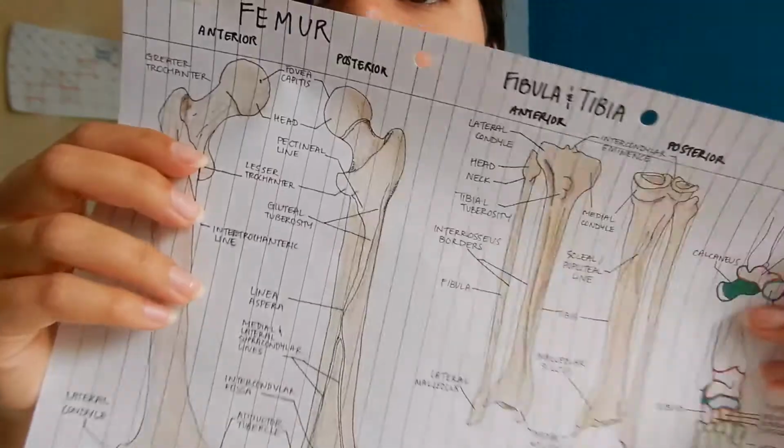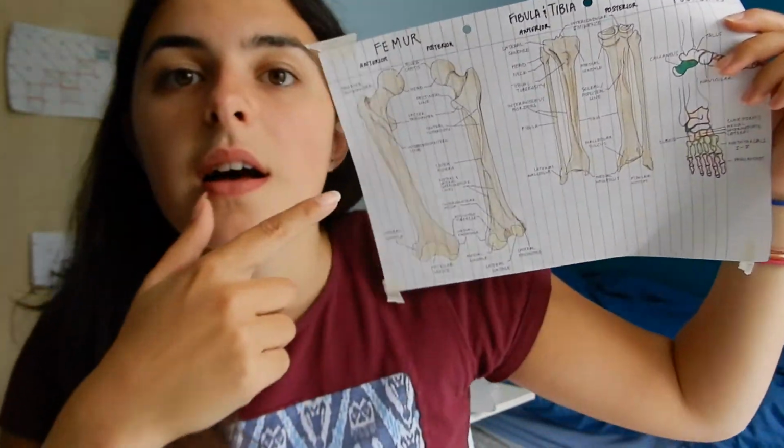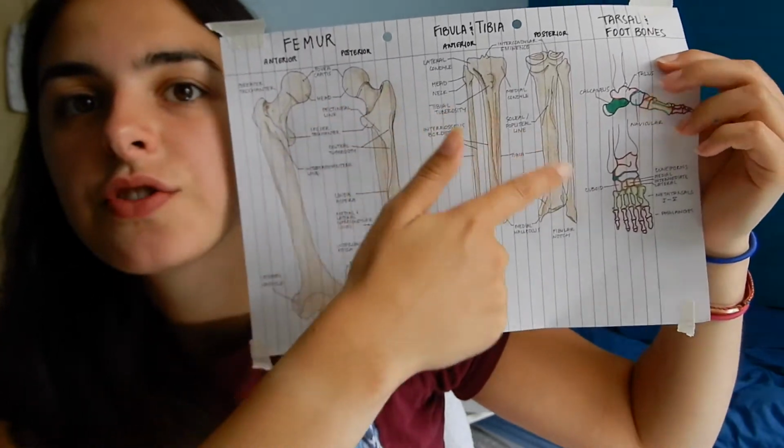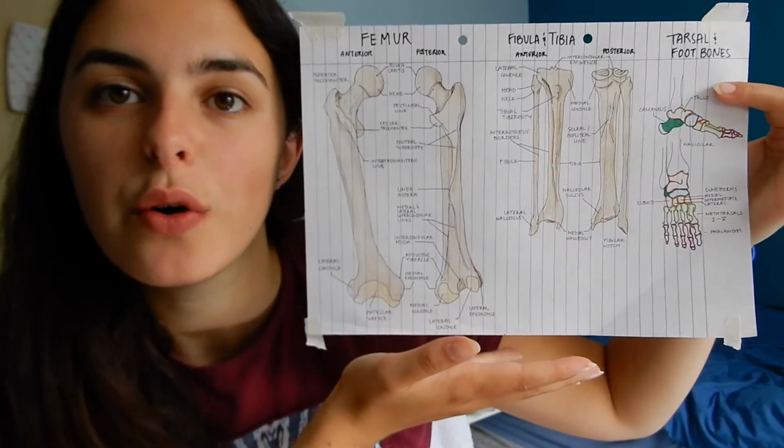Another thing that I wanted to say with familiarizing yourself with structures such as bones. So for example, behind me there is a diagram of bones that I drew. So they are the bones, or the osteology, bony skeleton of the lower limb.